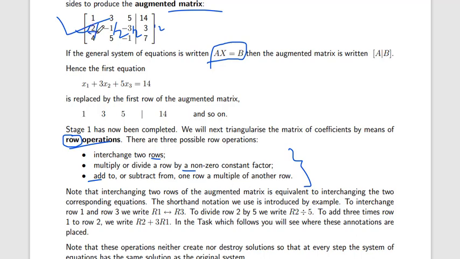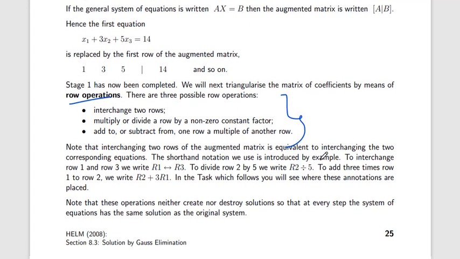And we can subtract a multiple of one row from another. If you want to make this 0, we multiply the first row r1 by 2, then subtract it from the second row. So there are 3 types of row operation in Gauss elimination.